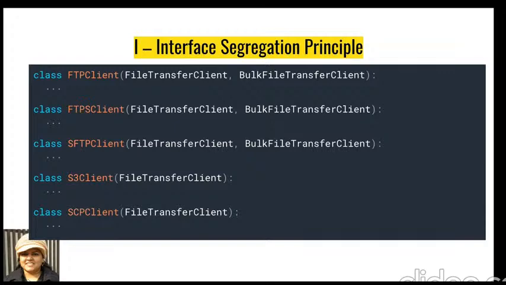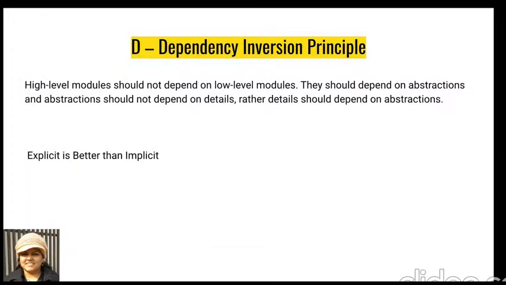Let's say you have SFTP client: instead of inheriting from FTP client, it should inherit from file transfer client. So abstraction should not depend on details, whereas it should be the other way round.